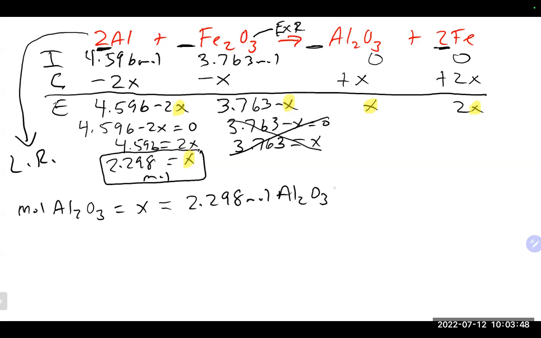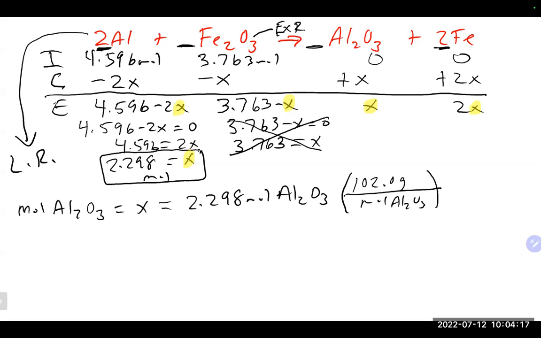And now we can use the molar mass of aluminum oxide to convert those moles into grams. So if we do that, aluminum is 26.98, there's 2 of them, and there's 3 oxygens, which gives you about, we'll call it 101. Now we'll call it 102 grams per mole.